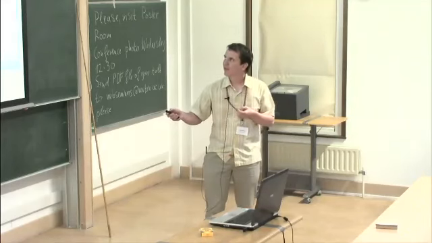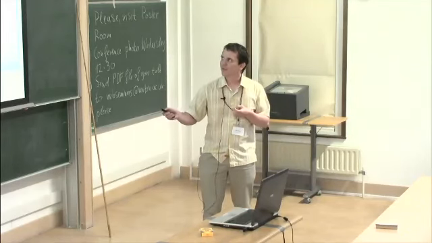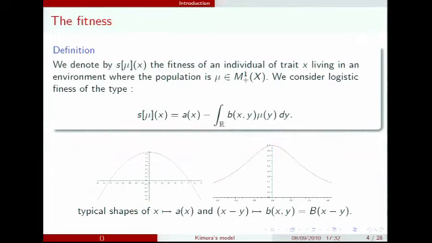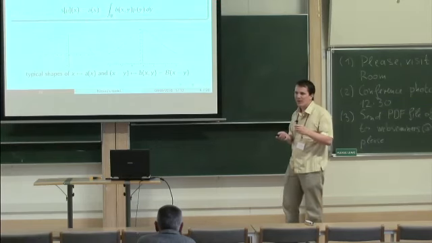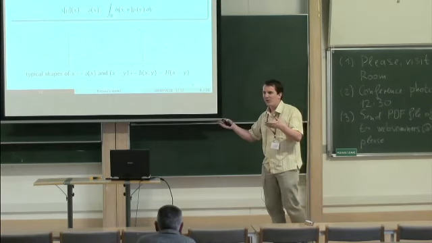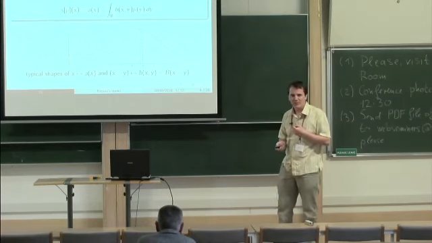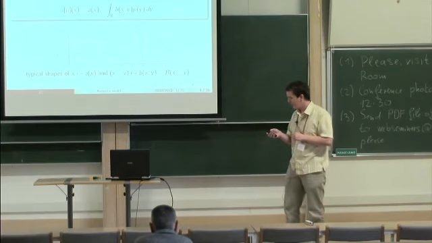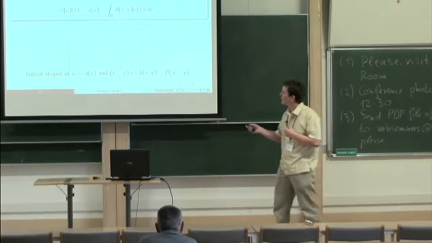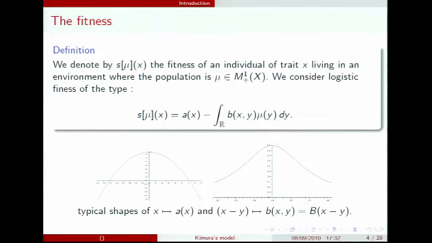And a second term, which is a non-local term. This non-local term takes into account the competition. You will compete with other individuals that are present in the environment, and this will decrease your growth rate, all right? Because the food available will decrease, etc. Here, the thing that is important is that this competition is non-uniform.